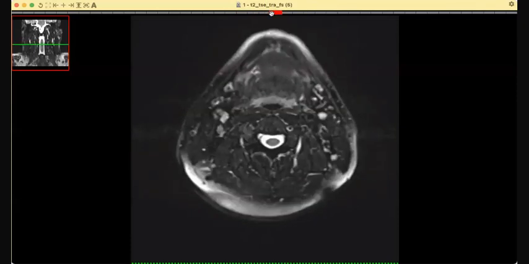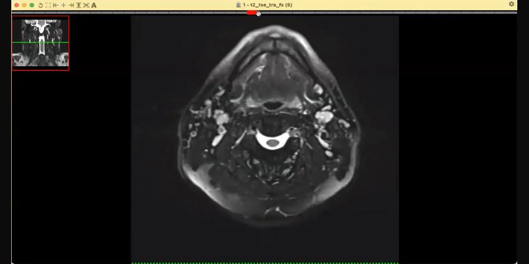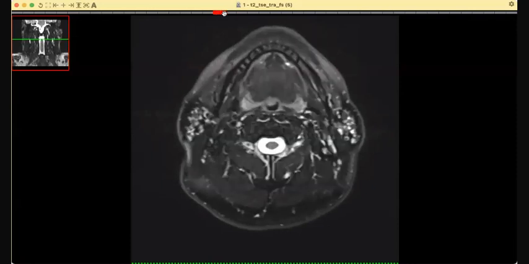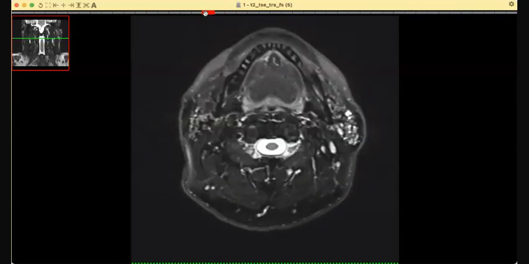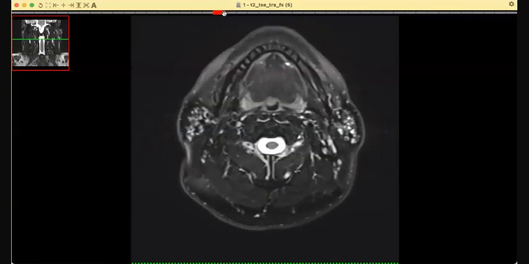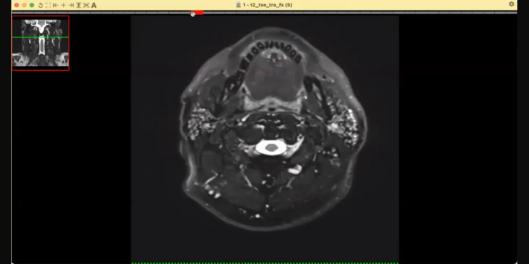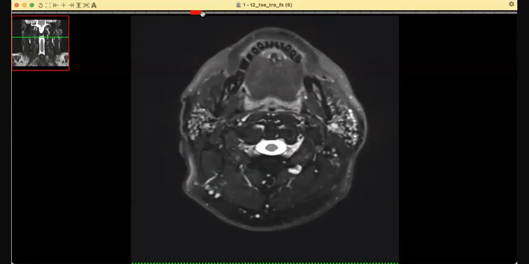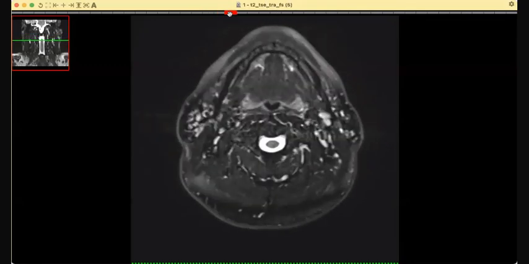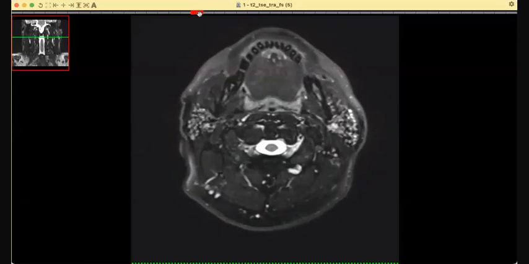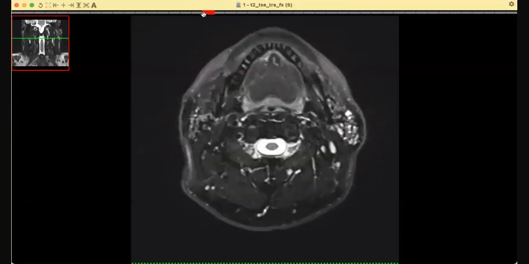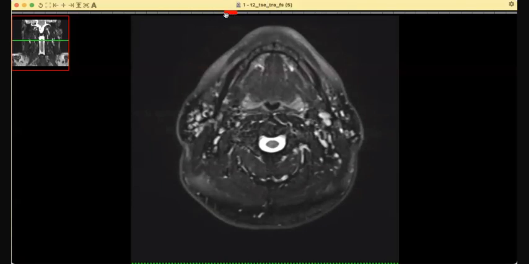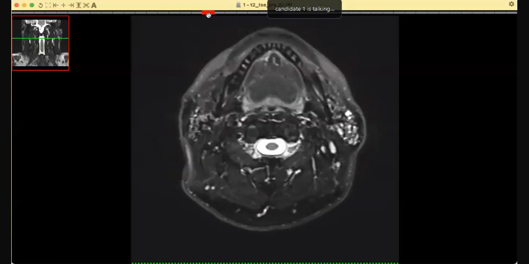Please look at the parotid glands. On review of the parotid glands, I can see multiple foci of high signal in symmetrically enlarged glands.